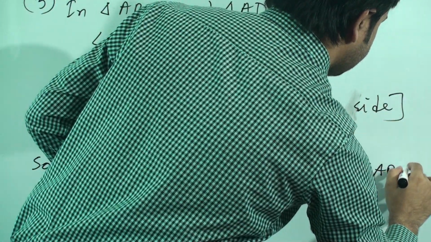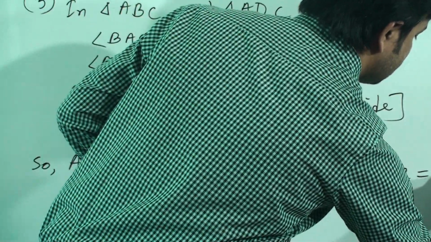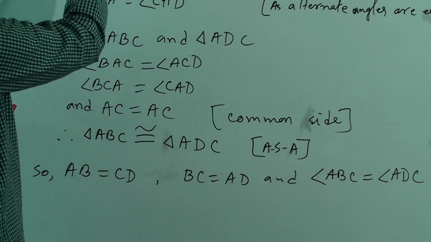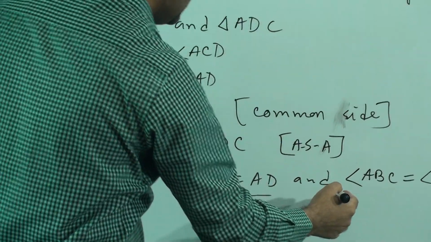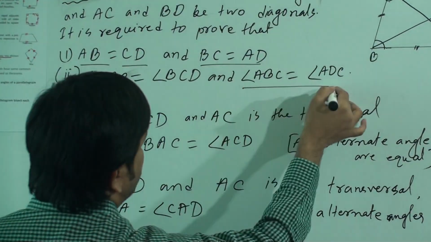Now look at the proof here. We need to prove AB equal to CD, BC equal to AD. We have done AB equal to CD and BC equal to AD. Now angle ABC equal to angle ADC.